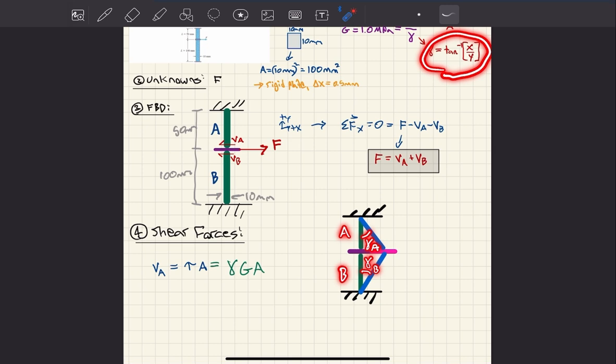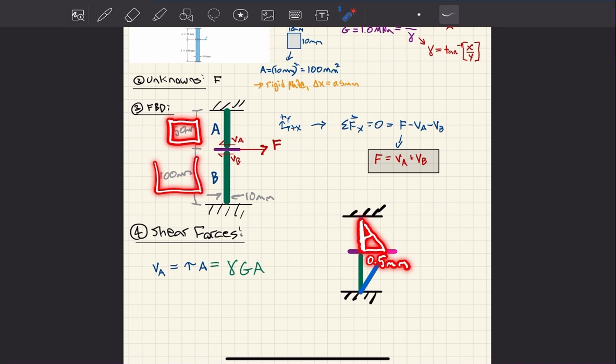X is simply my opposite, right? And my opposite, if I draw this triangle, and I'm looking for this angle right here, my opposite is this displacement, 0.5 millimeters, and my adjacent is this side right here, and that will basically either be 50 for the top or 100 for the bottom, right?